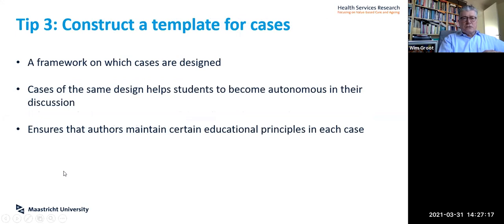The next tip is to construct a template for cases.